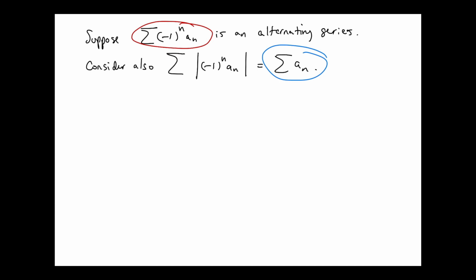Does that make sense? So I got two series, the alternating one and the non-alternating version. You guys accept that they both could converge, they both could diverge, maybe one converges and the other diverges, we don't know, right? But all those possibilities are exactly that, possibilities. We have terms for those possibilities.